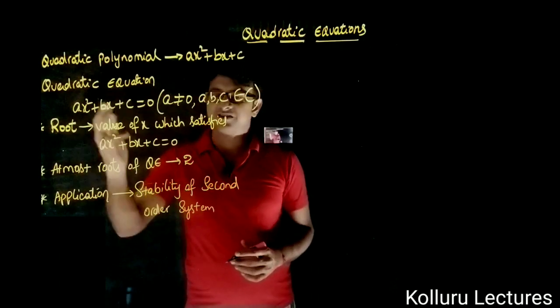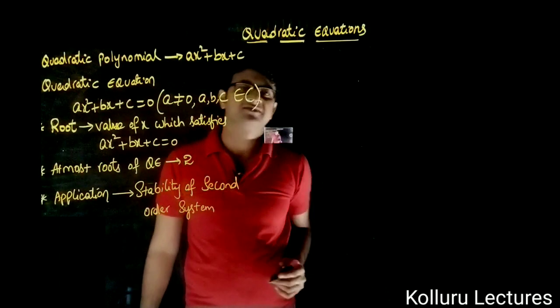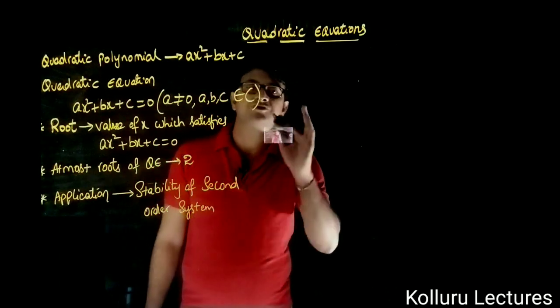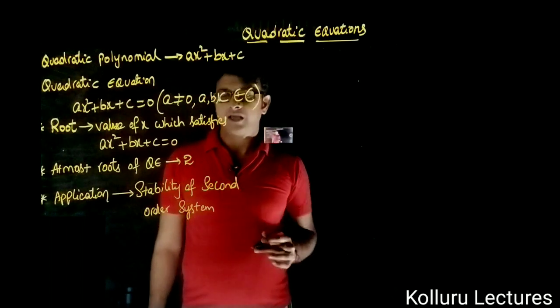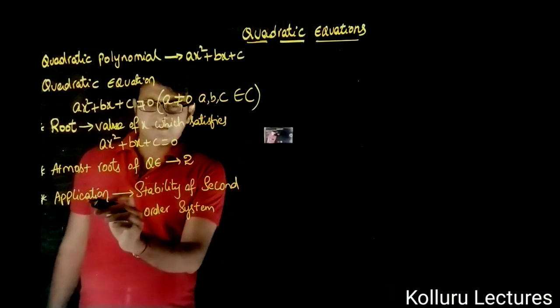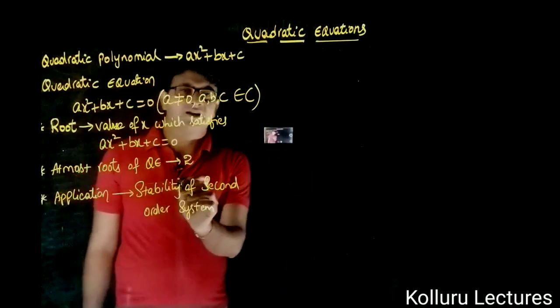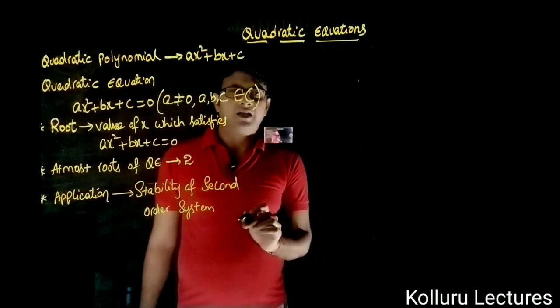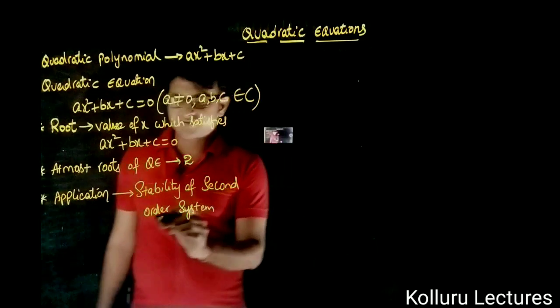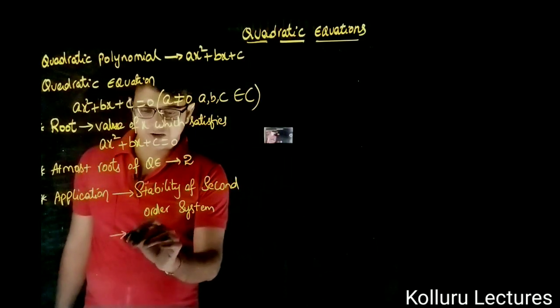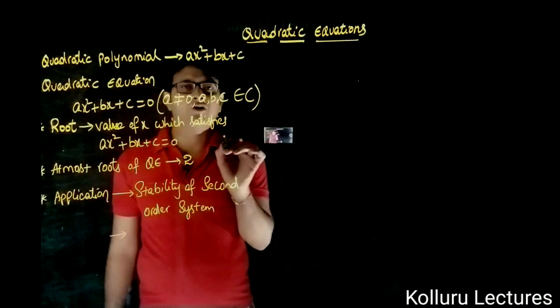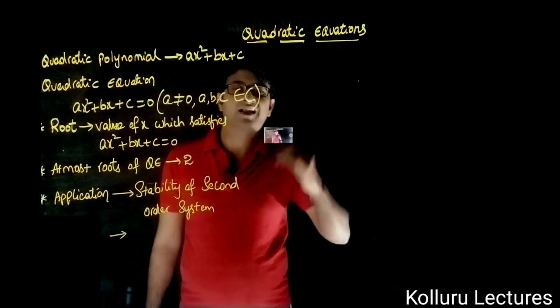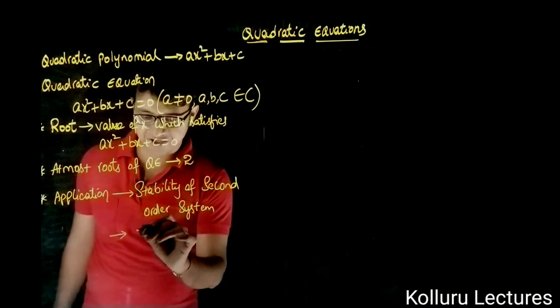So the application of the quadratic equation is entirely related to the stability of the system. When we calculate the transfer function of a system, the stability of the system can always be analyzed with the transfer function.